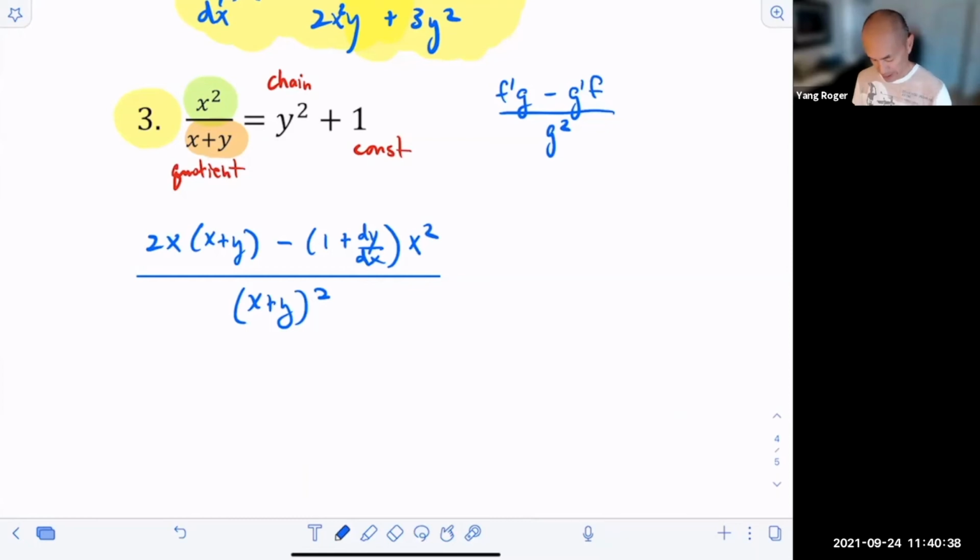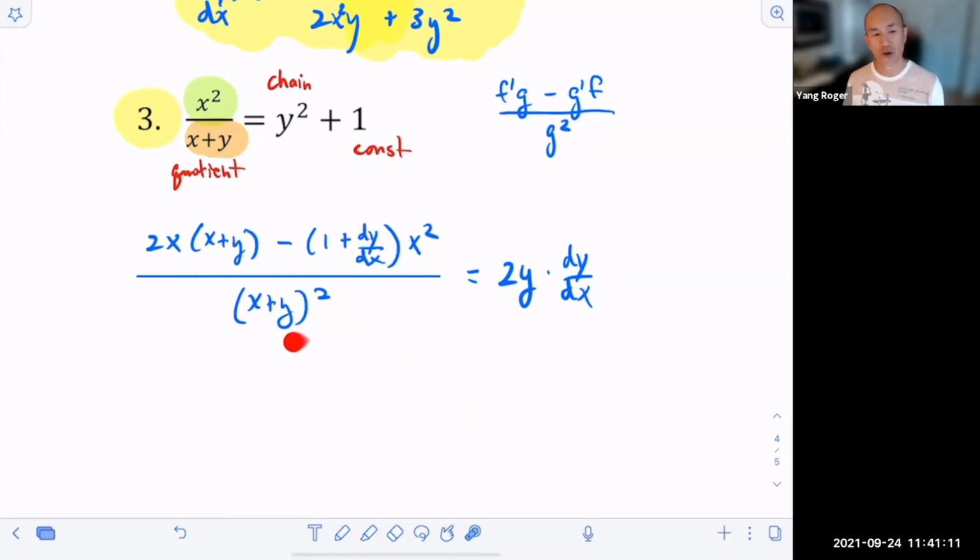All right. Let's take the derivative of the right-hand side now. So the derivative of the outside function is 2 times something. You keep the inside, which is y. You got to multiply by the derivative of the inside, which is dy dx. And I guess you could put a plus 0, but there's no need. The derivative of 1 is 0. So the first thing I would say is I really don't like this fraction on this side.